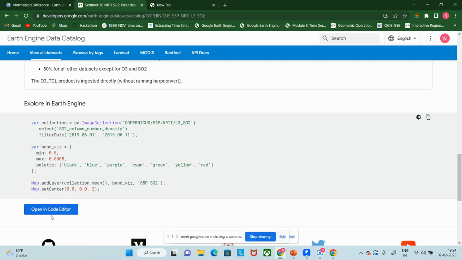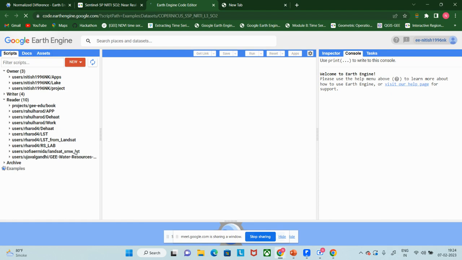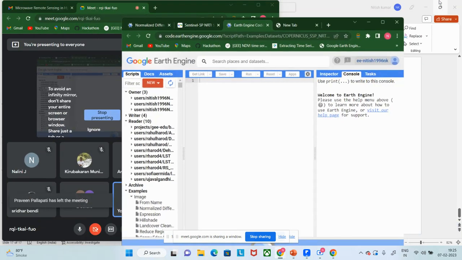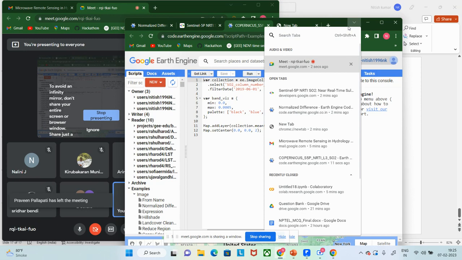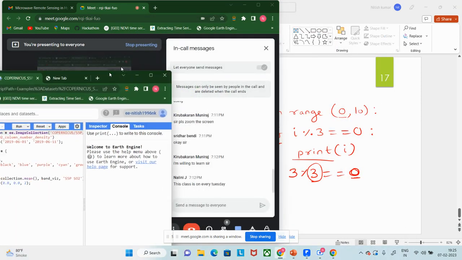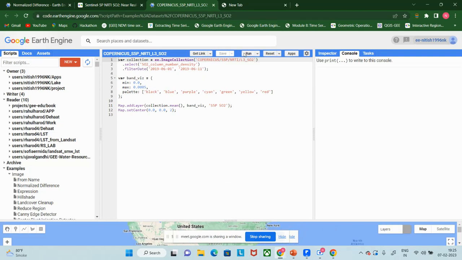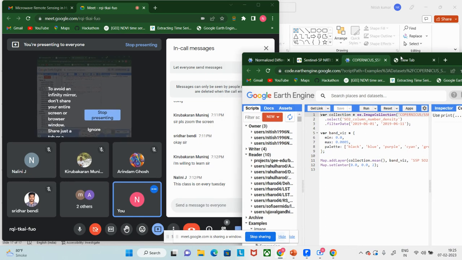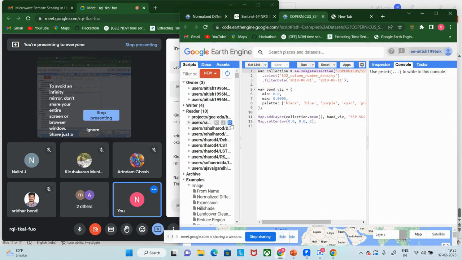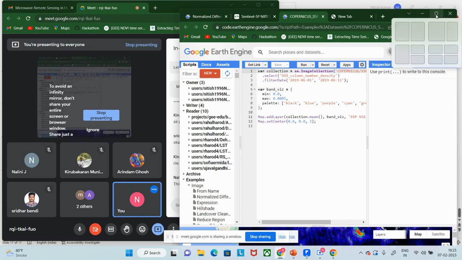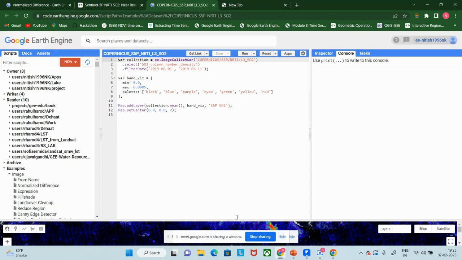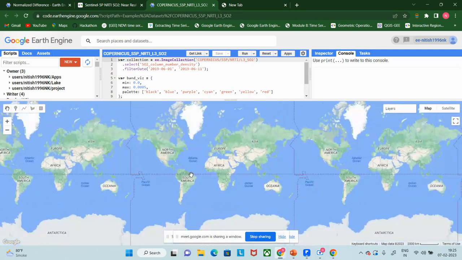If you click on open code editor, and after coming here click on run, then you see the result has come down.